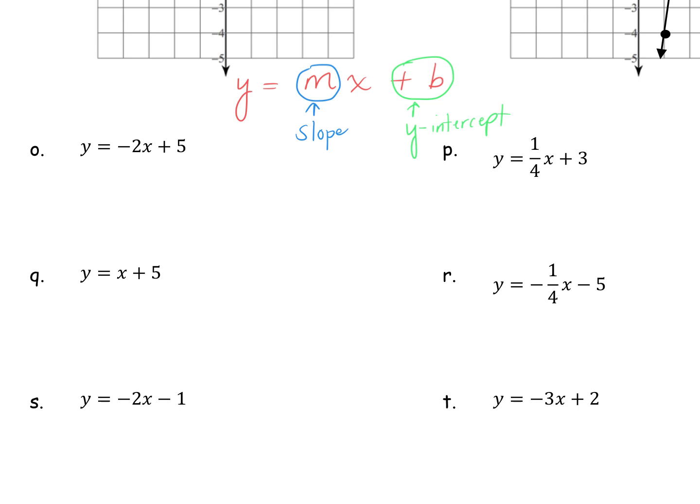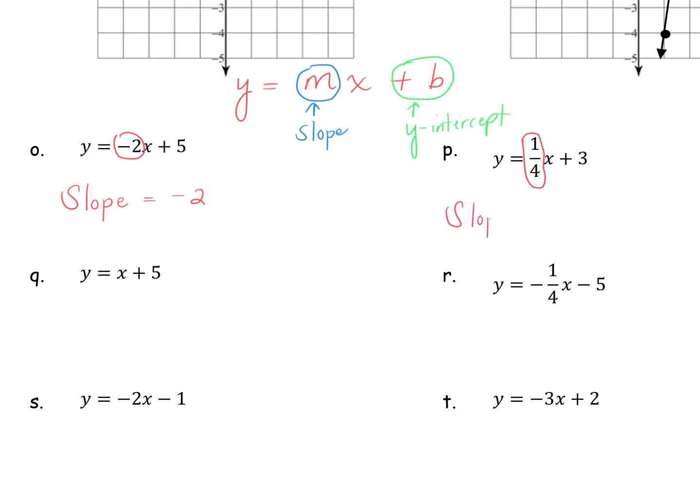So if I take a look at the first question on here, letter O, I want to look at what is touching the x value. So in this case, -2 is. So this part of the question is going to go very fast. So the slope in here is -2. If I look at letter P, anything that touches the x here, that is the slope.